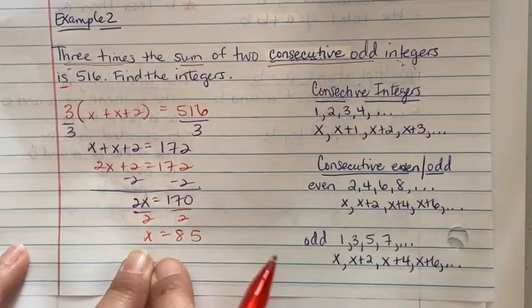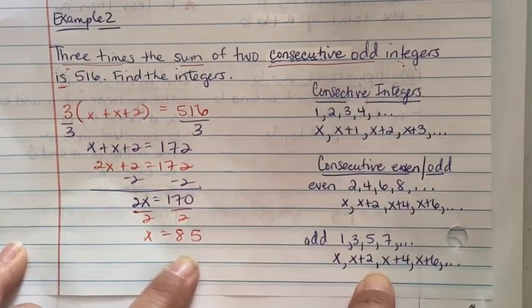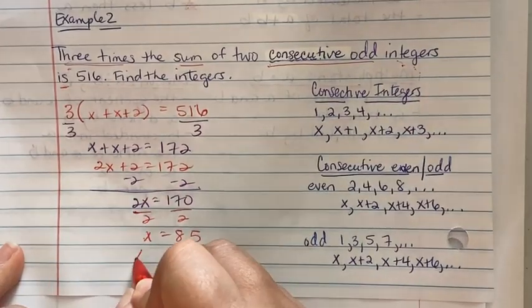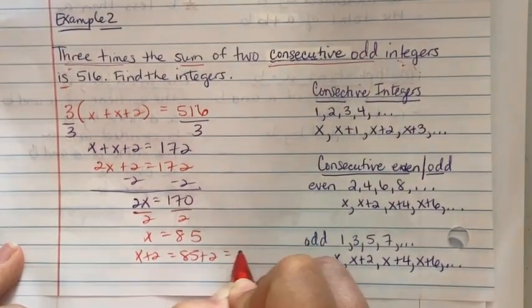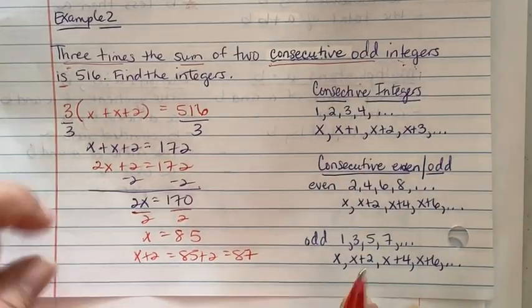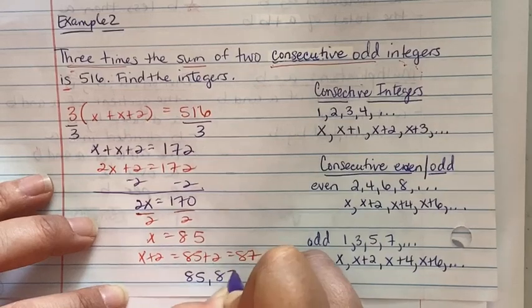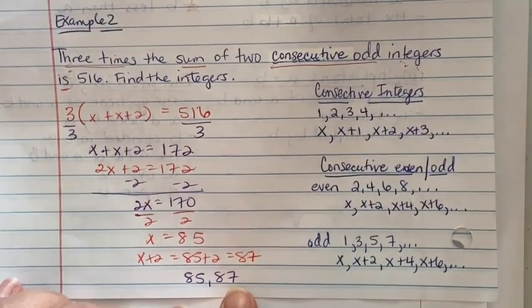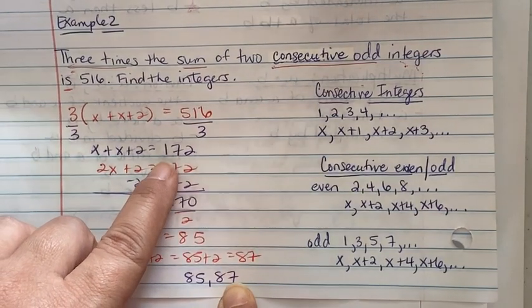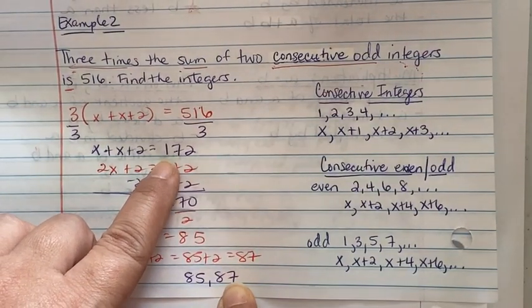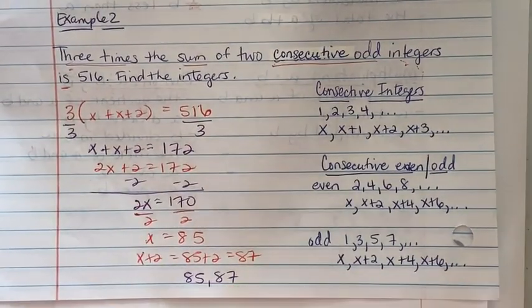So the first term is x, which is 85, then the second term is x plus 2. So 85 plus 2 makes it 87. So your two numbers are 85 and 87. If you add the two numbers together, you get 172, which you then multiply by 3, which gives you your 516, so the reverse order.